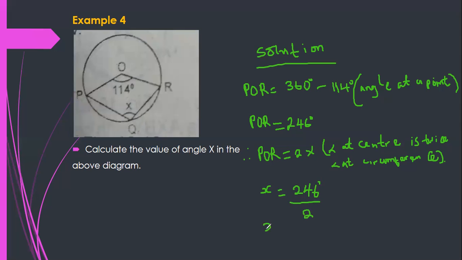So what do we have? It's 123 degrees. So we got this angle here based on the circle theorem. So the angle at the circumference is half the angle at the center.